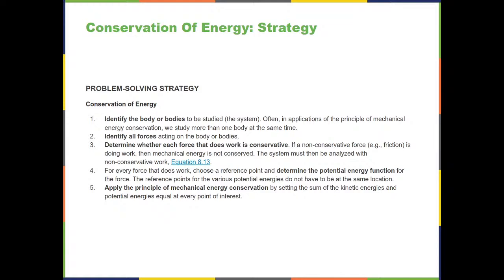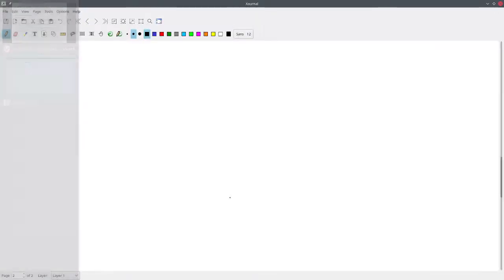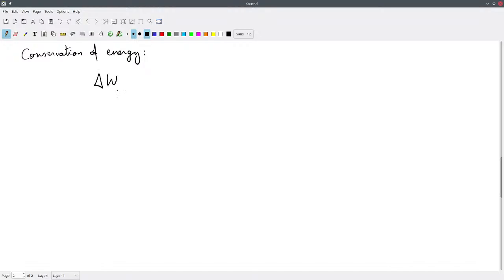So just to write that down again in the slides. We start off with our conservation of energy, which essentially comes down to this: the work done by non-conservative forces in going from A to B is the difference in the kinetic energy plus the potential energy in going from A to B, or often we'll write this as just E, the mechanical energy.